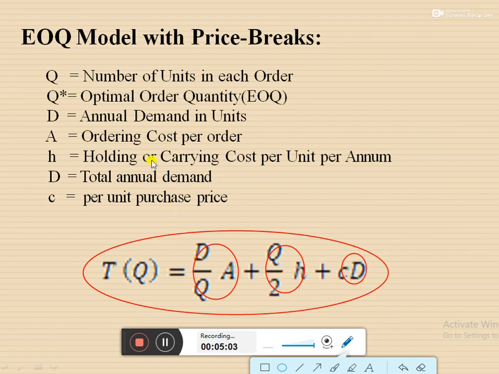In this formula, Q denotes the number of units in each order, D denotes the annual demand in units, A denotes ordering cost per order, H denotes the holding cost or carrying cost per unit per annum, and C denotes the per unit purchase price. So in this model, we are going to use these variables to calculate the total cost, and on the basis of total cost, we would decide which order level we should opt so that we can minimize the total cost of the inventory.